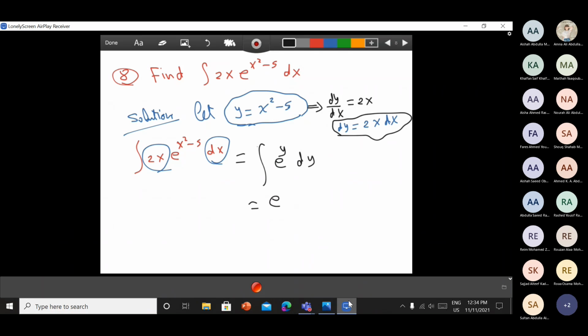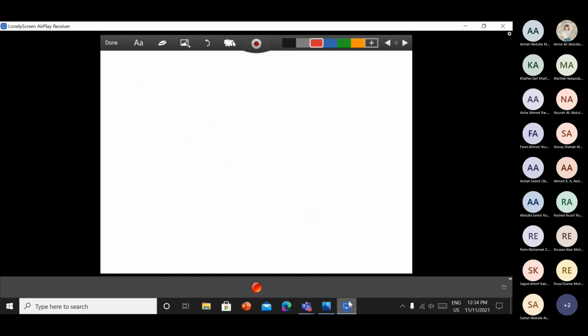So e to the y plus c. Now I get back to my original. So it will be e, instead of y I have x squared minus 5, plus c. This is a substitution to have one similar to the one in the table, right? Let's go for another one.